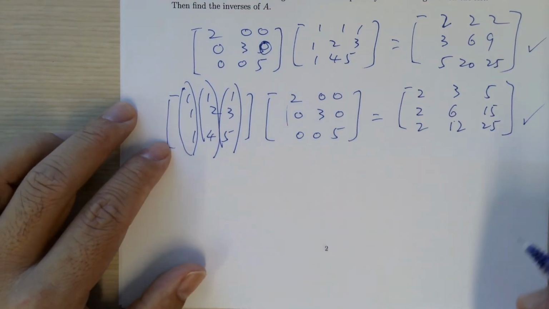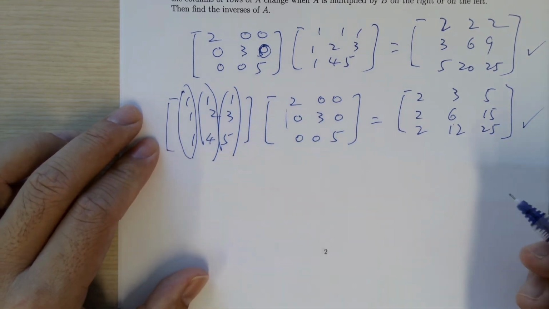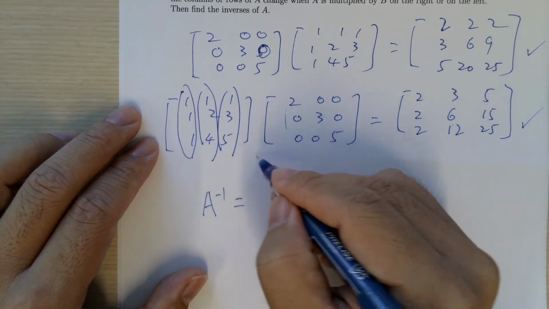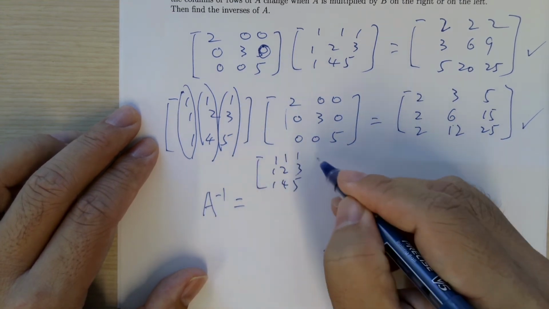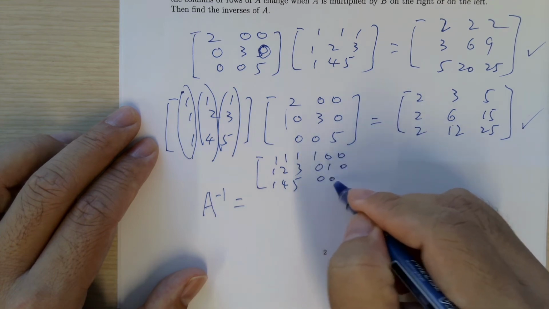So regarding its inverse, we have talked about this a couple of times. Right, so you can do 1, 1, 1, 1, 2, 3, 1, 4, 5, 0, 1, 0, 0, 0, 1.